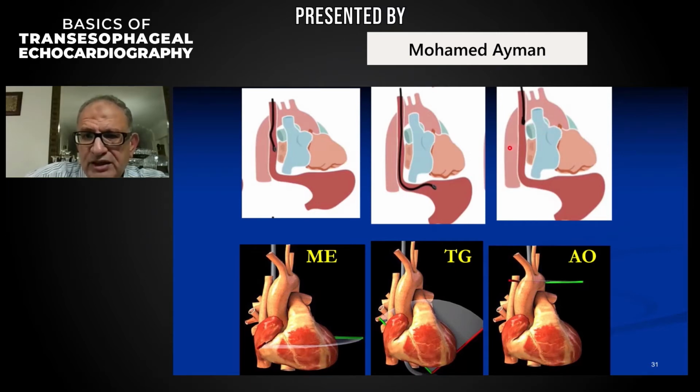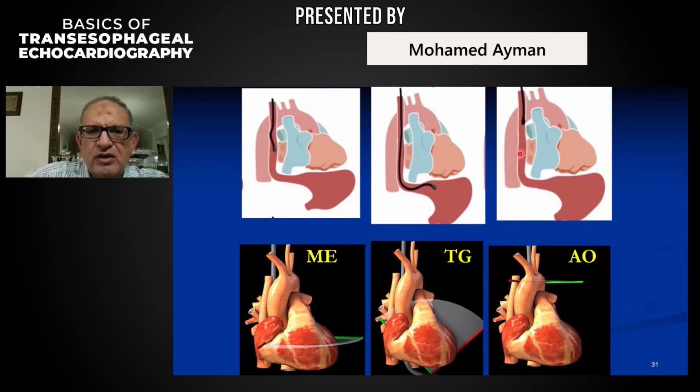If you want to see the descending aorta, you move the probe from the upper esophageal down to the mid-esophageal, then rotate the transducer posteriorly, to the back, I mean, so the transducer is going to face the descending thoracic aorta.